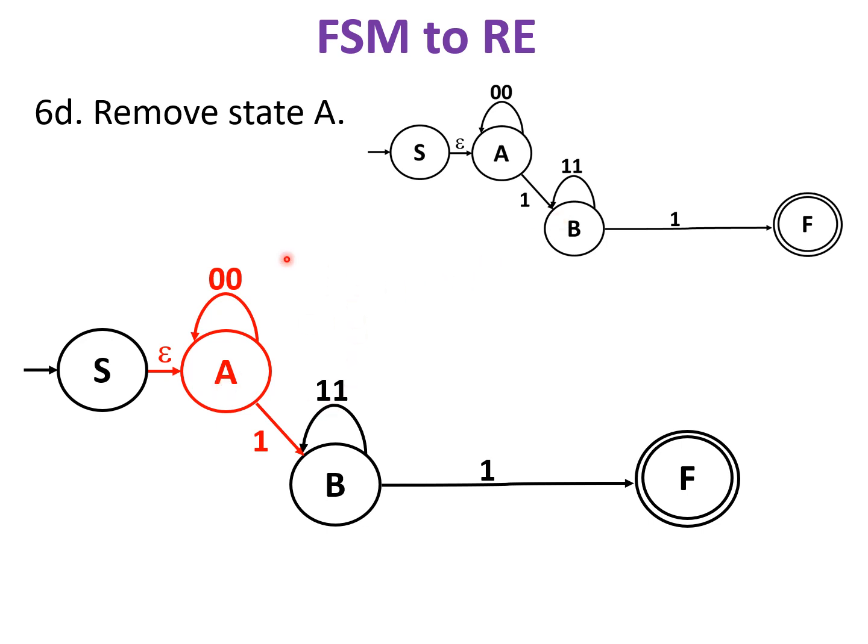Let's eliminate state A. State A has a self loop with regular expression 0, 0, an incoming transition from S and an outgoing transition to B. On eliminating A, we have a direct transition from S to B with the regular expression epsilon, 0, 0 whole star, since it is a self loop, followed by a 1 reaching state B. So on eliminating state A, the finite state machine obtained is this one.